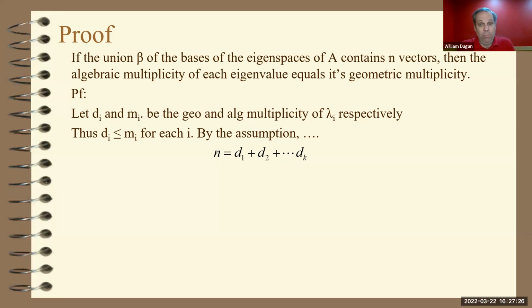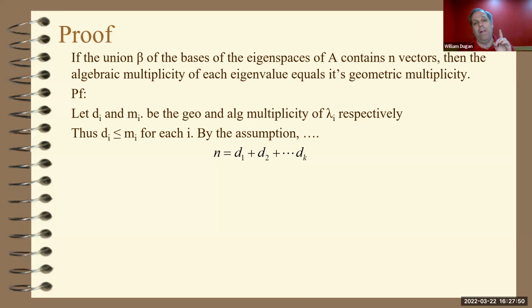But by assumption, when you take the number of vectors in the different eigenspaces and put them together, you get n vectors. The number of vectors in the first eigenspace is d1. The number of vectors in the basis for the next eigenspace is d2. So d1 plus d2 plus d3 up to dk has to be n.